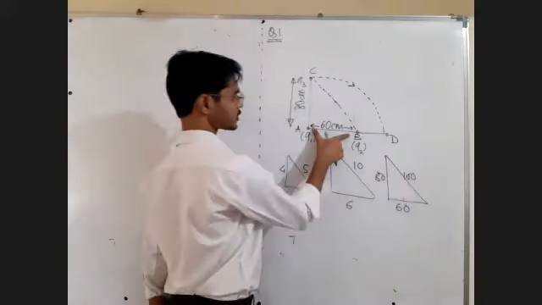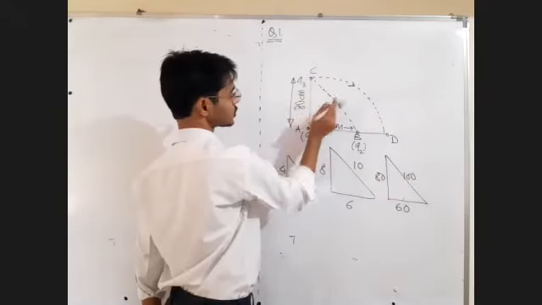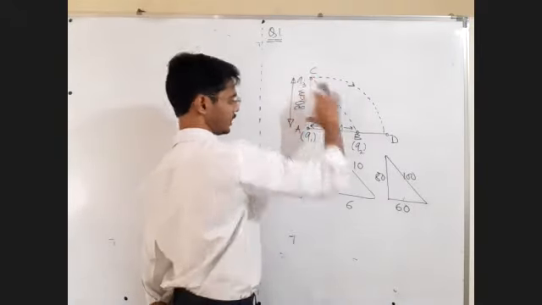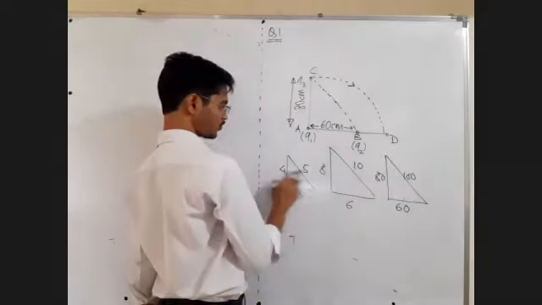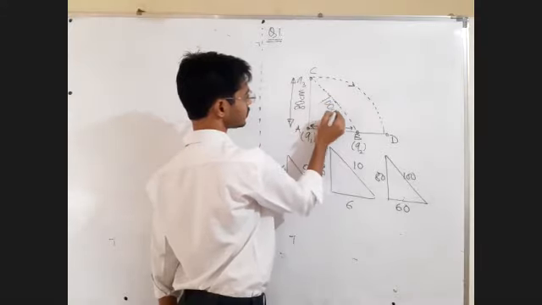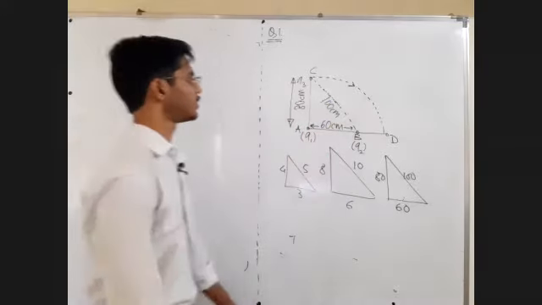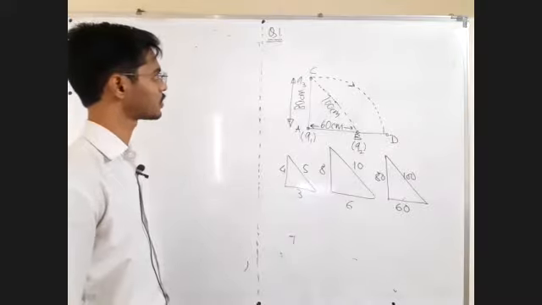So the sides become 60, 80, 100. The distances are given in centimeter. We need to convert them into meter. Okay, sir, fine, no problem.